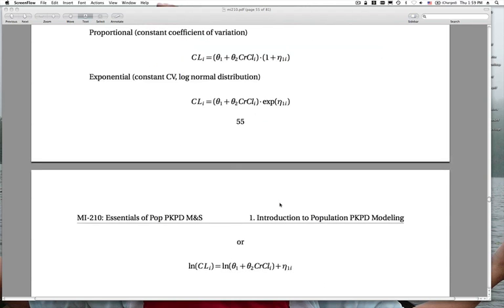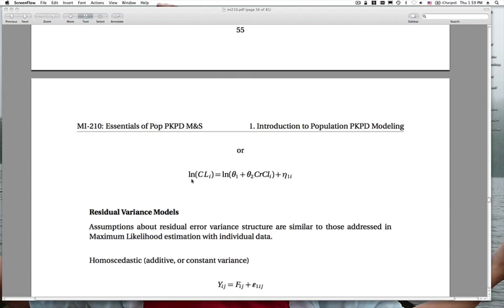This is analogous to saying that on the log scale, the log of individual clearance is equal to the log of the typical value plus an additive eta. So we have a log normal distribution. Again, this is a typical assumption made about pharmacokinetic parameters. It usually holds pretty well and is a useful starting point for describing inter-individual random effect distributions for PK parameters.